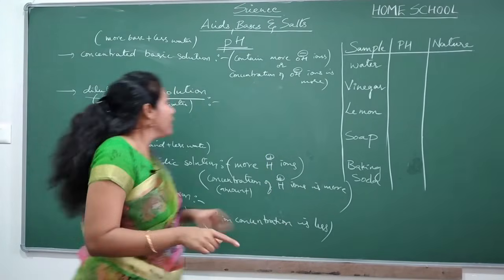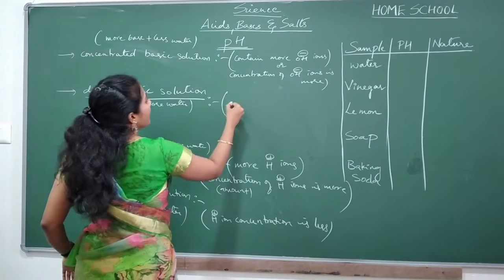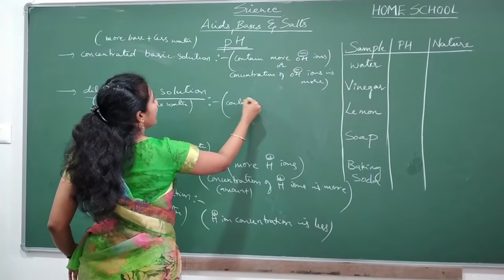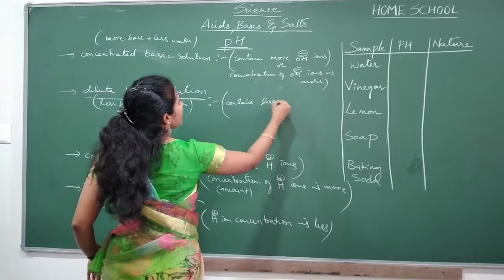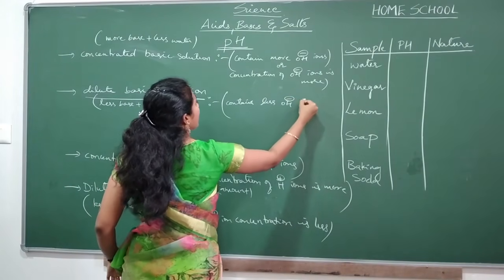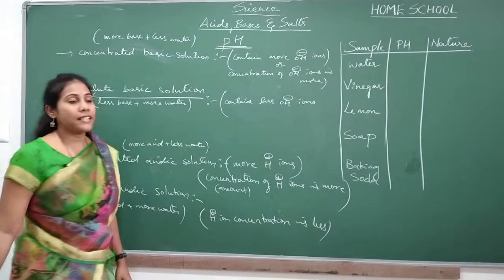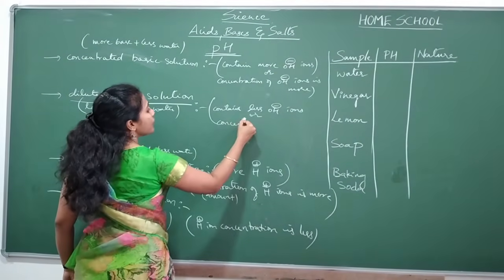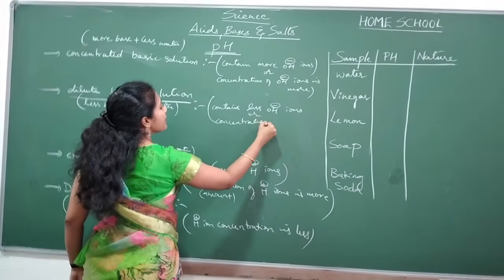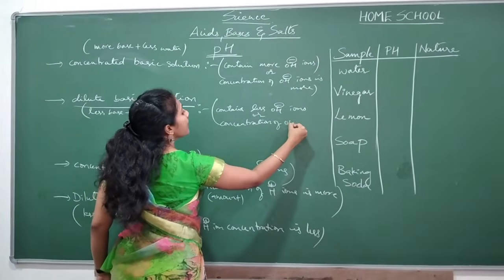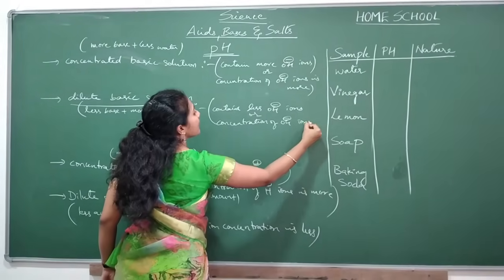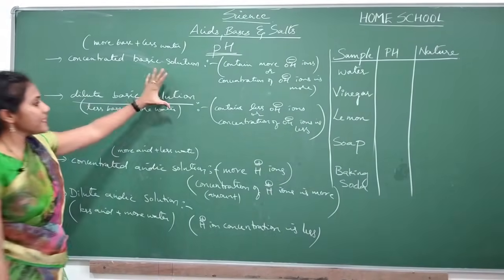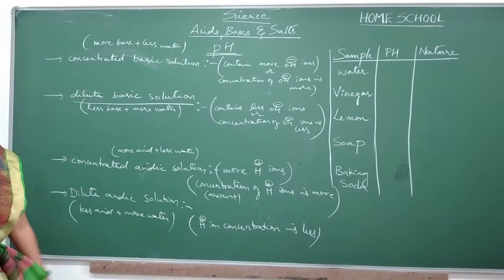So this particular solution contains less OH minus ions. In other words, the concentration of OH minus ions is less. So these meanings are very, very important to know.